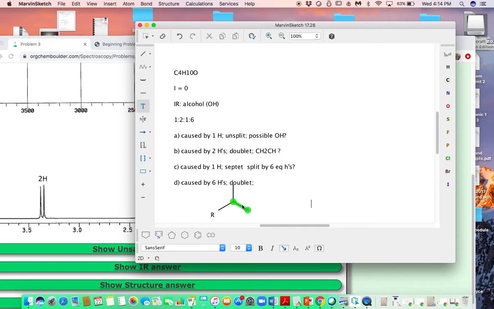But I think this could be a sequence where you have a CH next to 2 equivalent CH3s. If you think about it, what's the most likely thing that's going to have 6 equivalent H's? It's going to be something that has 2 CH3 groups. So we have a bunch of clues here.